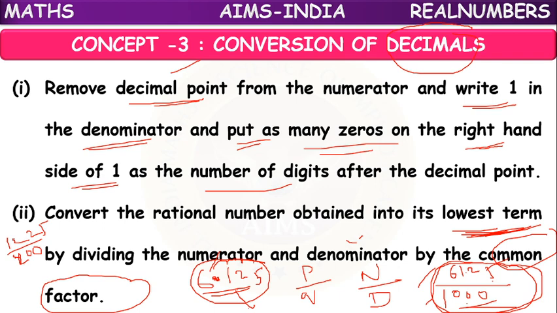Again divisible by 5: 245 by 40. Again divisible by 5: 49 by 8. So 49 by 8 is the lowest form of the given decimal number.